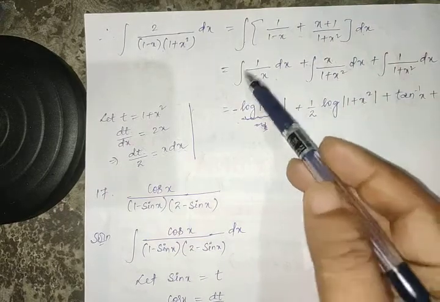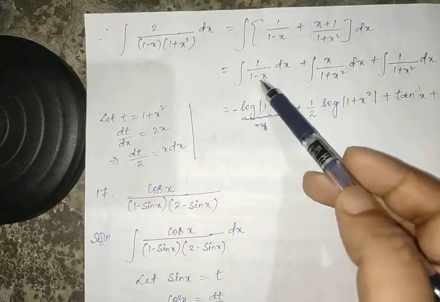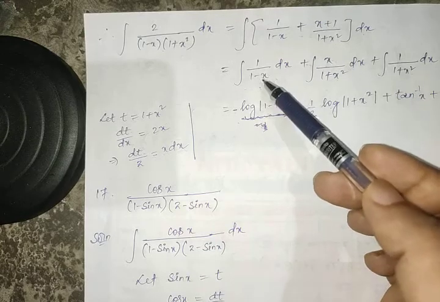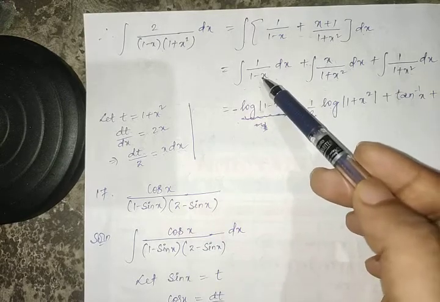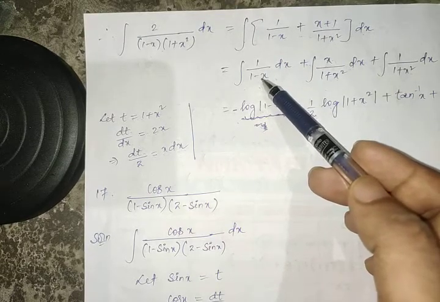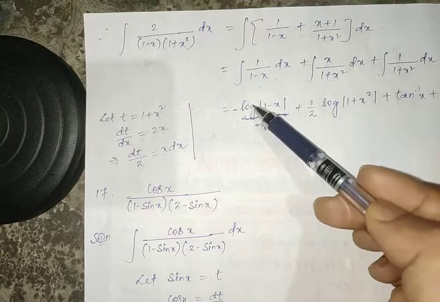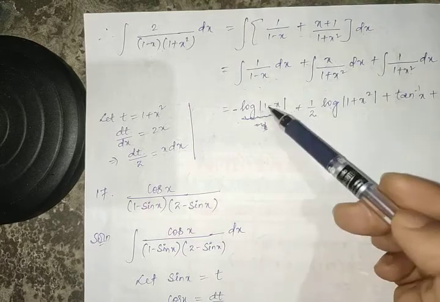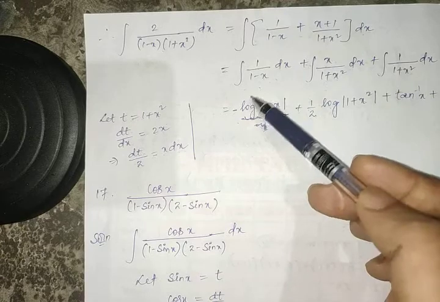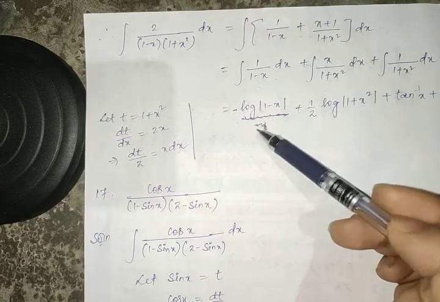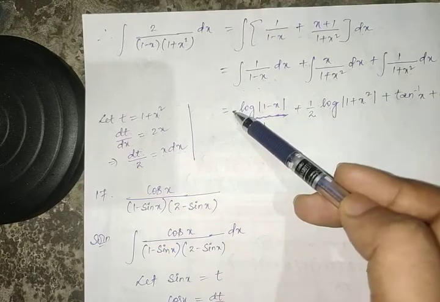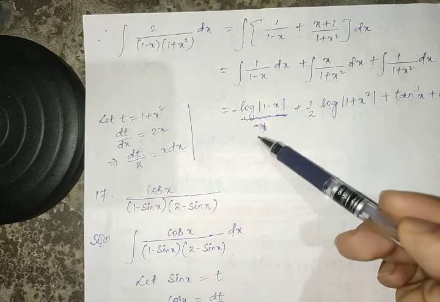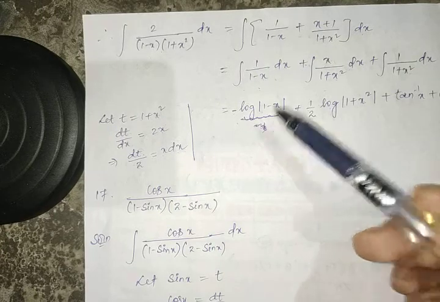And for this one, the integration of 1 by x is log x, and we have to divide by the coefficient of x also. In differentiation we multiply, but in integration we divide. So the coefficient of x is minus 1, so it will be divided by minus 1, or we can write minus here, because the denominator we will make positive.